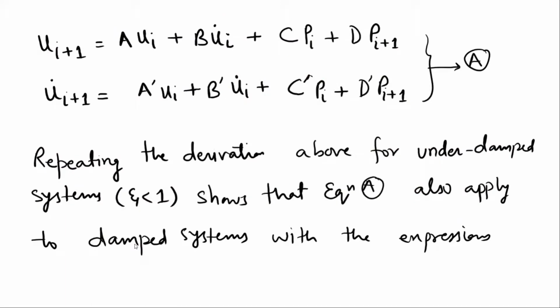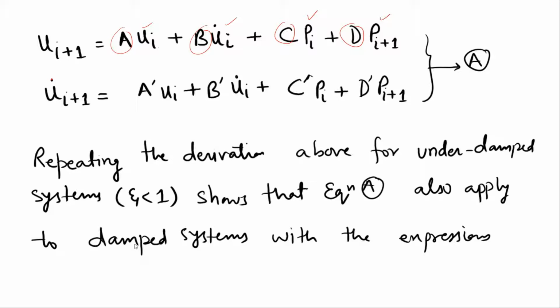So now we can see we can have u(i+1) as a u_i plus b u dot i plus c p_i plus d p_(i+1). So we have this value, this value, this value and this value, and a, b, c, d are all coefficients whose values we know. So we can find u(i+1), and we can also find u dot (i+1).